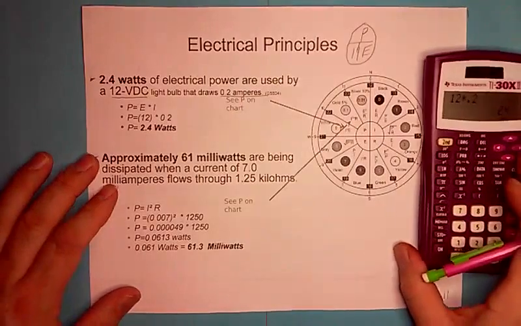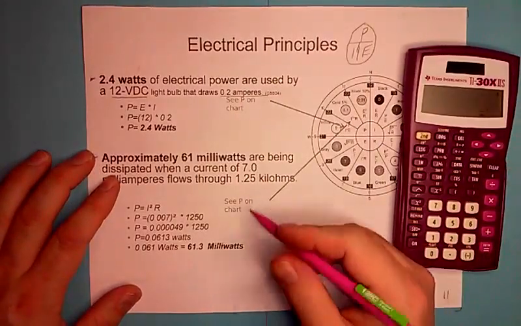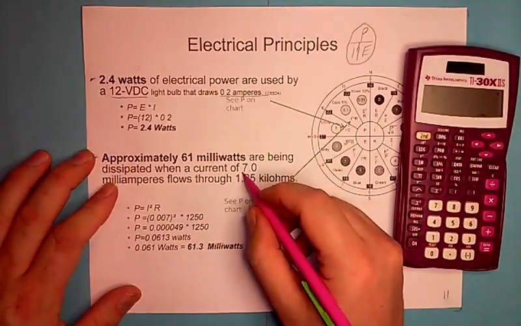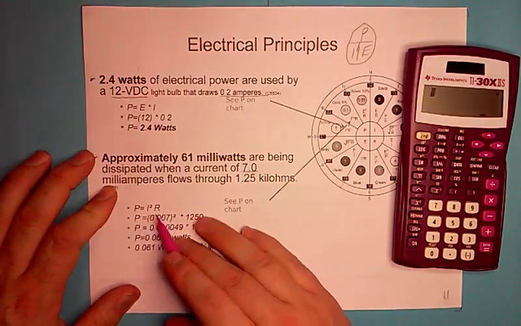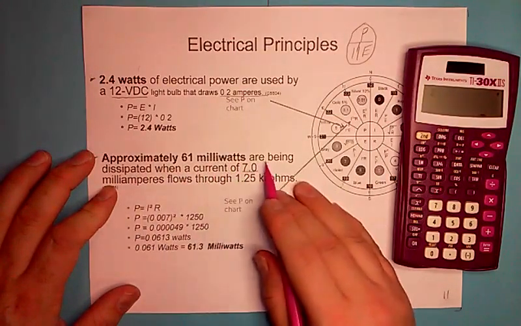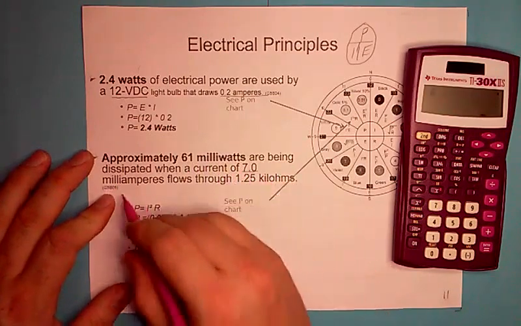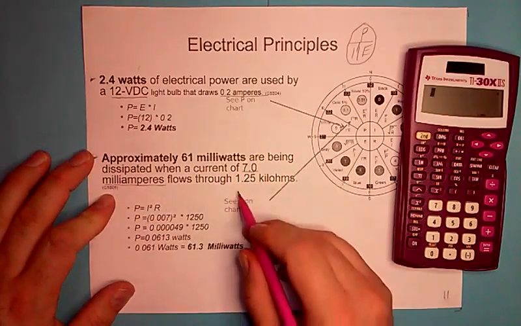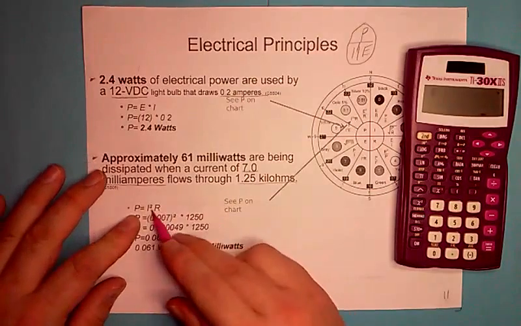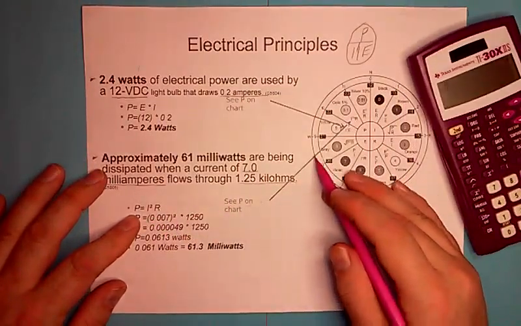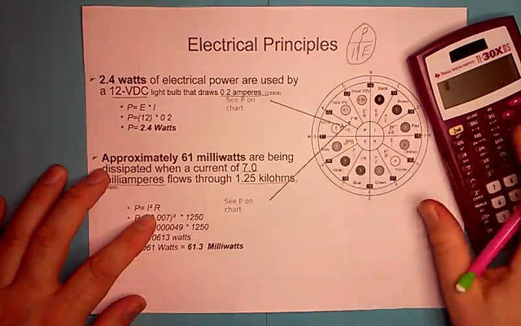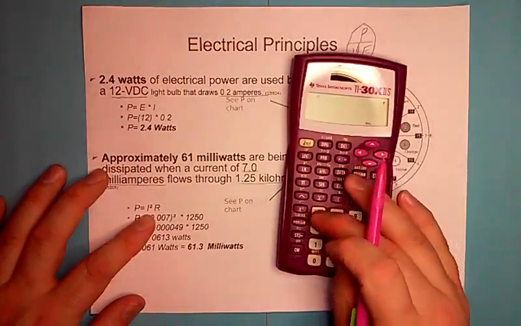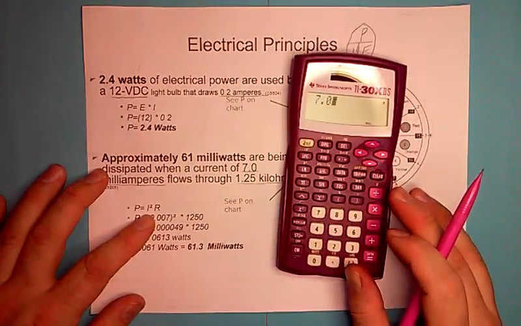Okay, so here is a change in our powers of 10. They're asking a similar question. They're giving you current in milliamps, and they're giving you resistance. So we look at our Ohm's law chart. P is equal to I squared R. So now 7.0 milliamps.